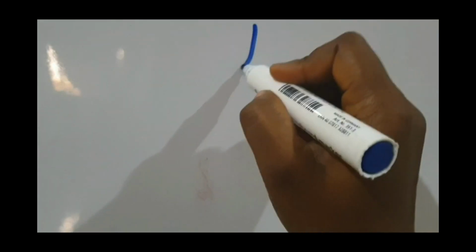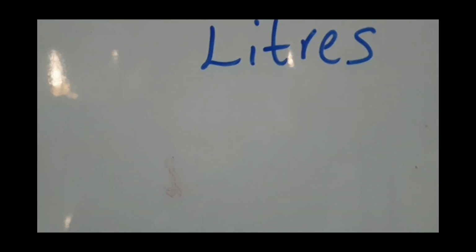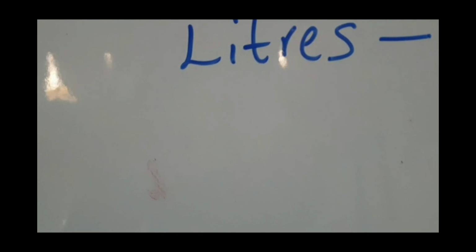Before I make my next point, I just want to attend to something we saw there. We saw that liters was spelled this way and it was also spelled this way. They are both correct. The Americans spell it this way, British spell it this way.